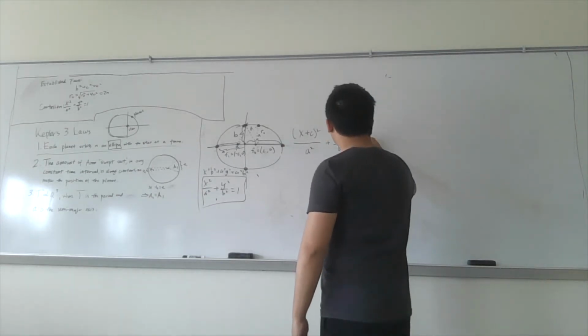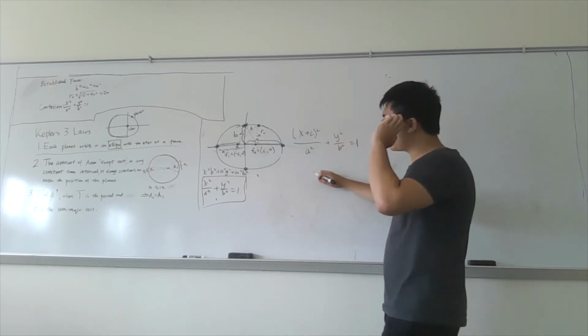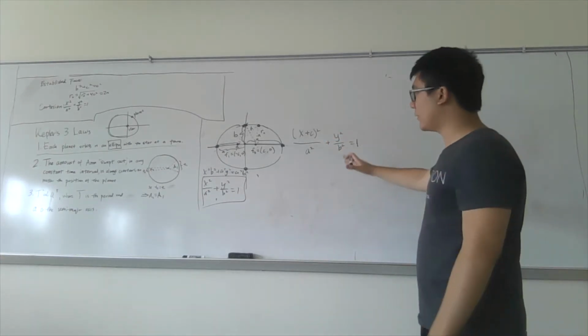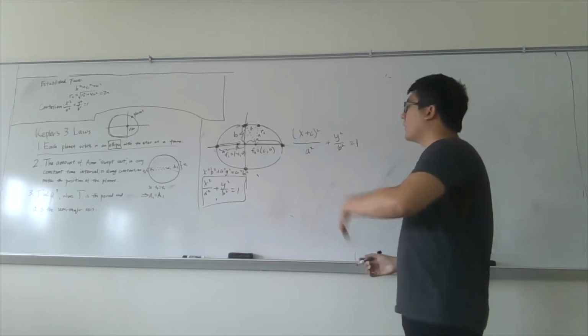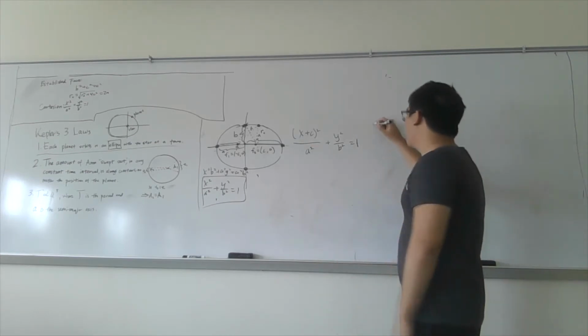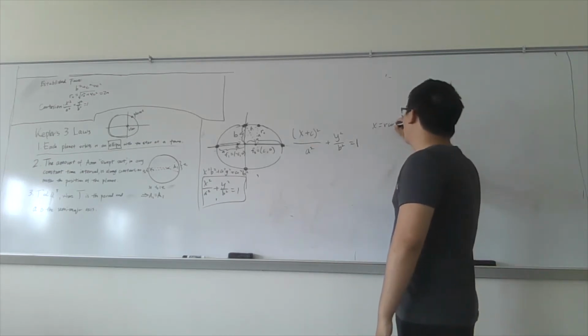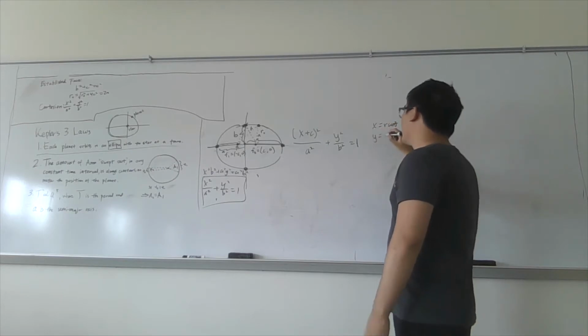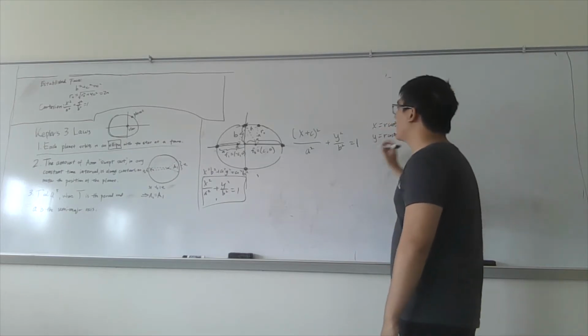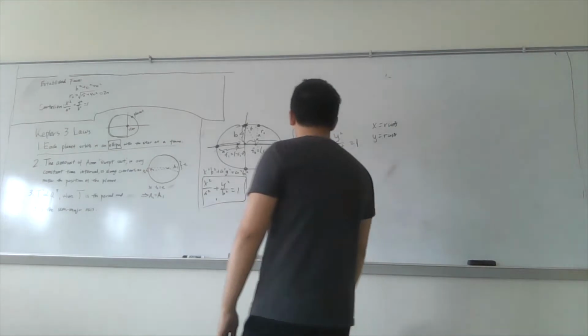So we're going to use this form of the equation for the ellipse, and to get the polar form, all we're going to do is substitute this in, just like we did a few minutes ago.